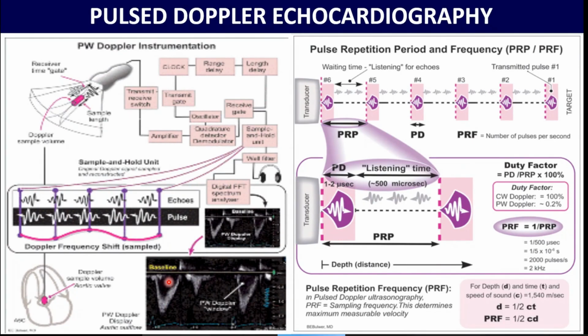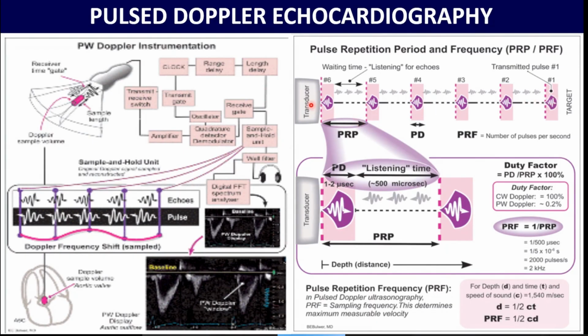The pulse wave Doppler instrumentation is shown here, but what we are interested in is the pulse repetition frequency, which is the number of pulses per second. This is the transducer and this is the object we are trying to interrogate.